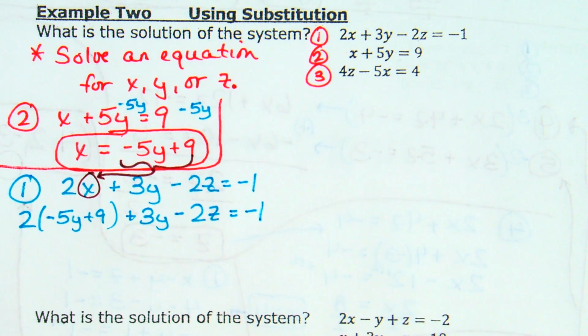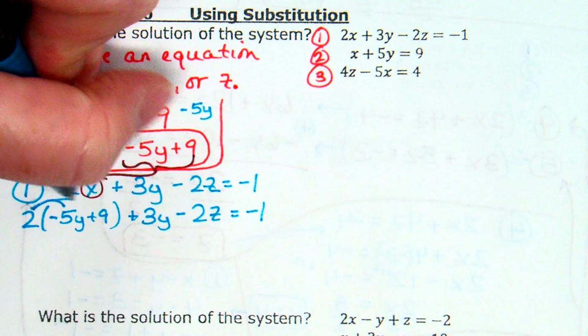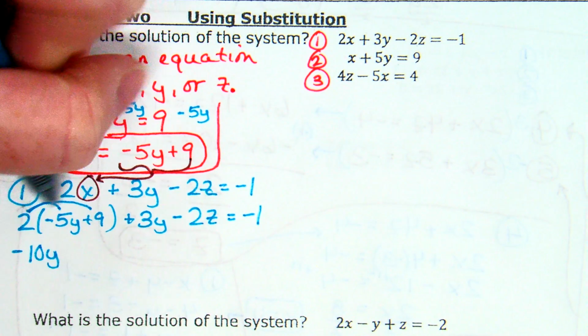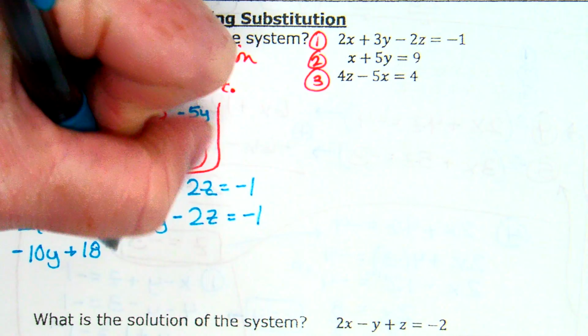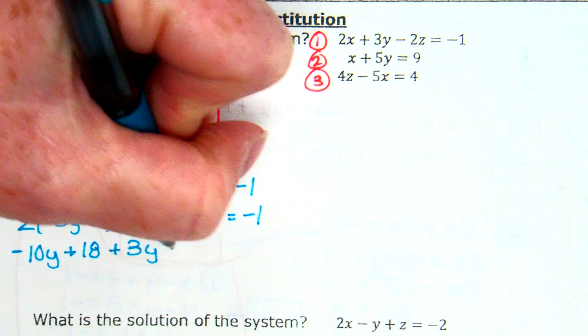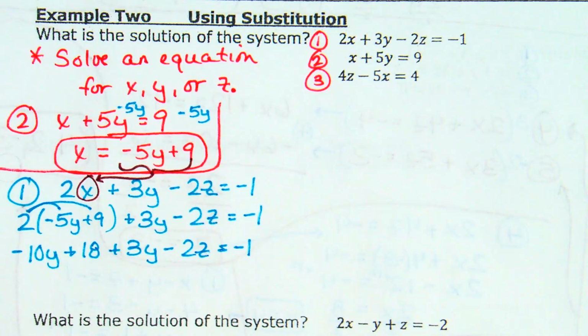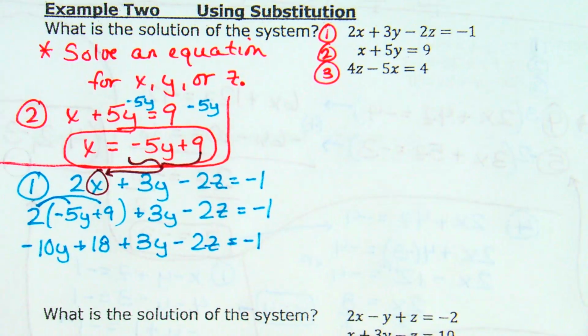Do your equation solving steps. What do we need to do now? Good. Distribute that too. 2 times negative 5y is negative 10y, 2 times 9, plus 18, still plus 3y, still minus 2z, equals negative 1. What's next?